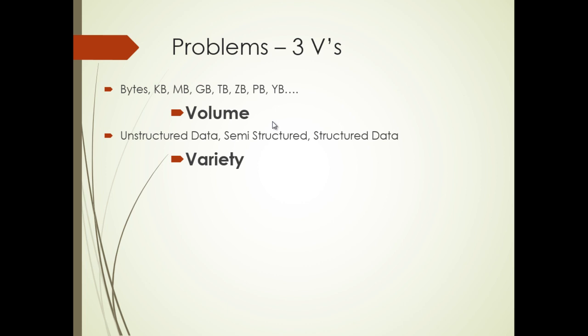Suppose you have a 1 GB file on your laptop, and you want to copy or move it from one location to another within the laptop. For example, you have a C drive and a D drive, and the file is on the C drive and you want to copy it to the D drive.